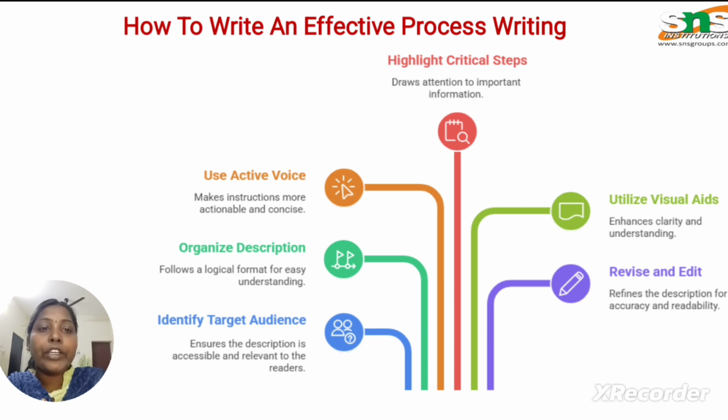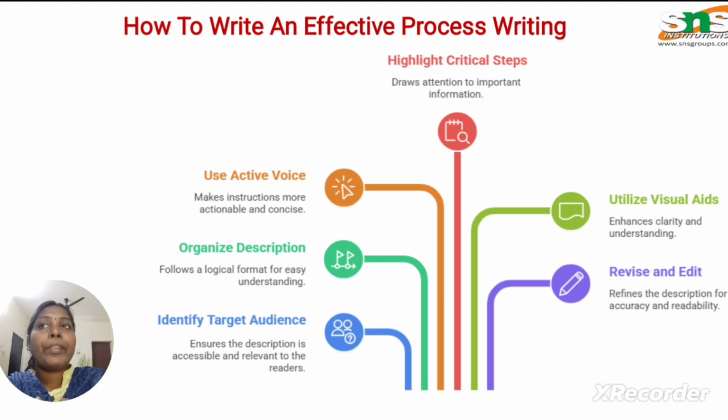Identify your target audience: whenever you are writing or speaking, think about your audience and their age group, because based on that you can plan your content accordingly and use more visual aid support. Revise and edit your content always, and highlight critical steps, which draws attention to important information.